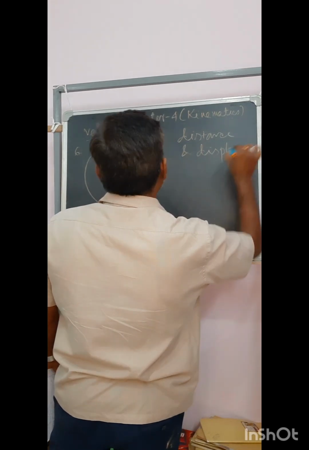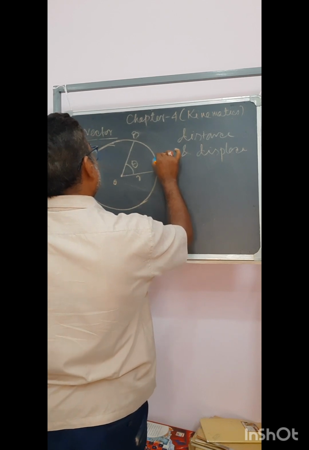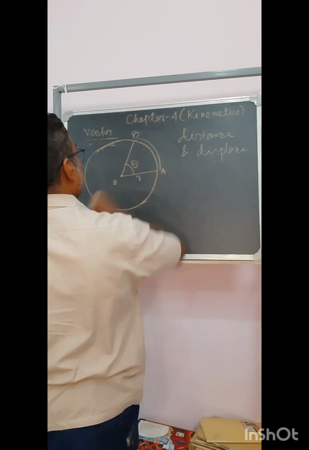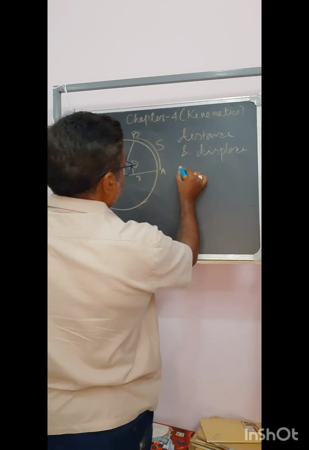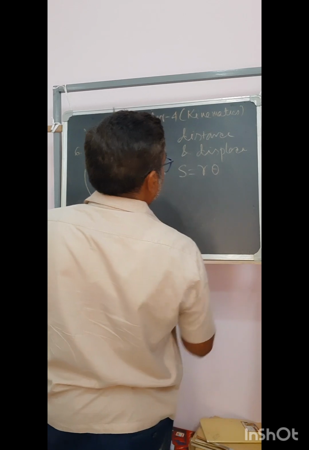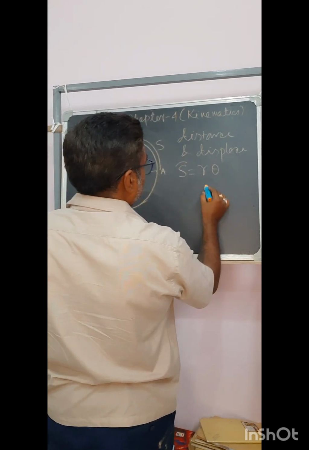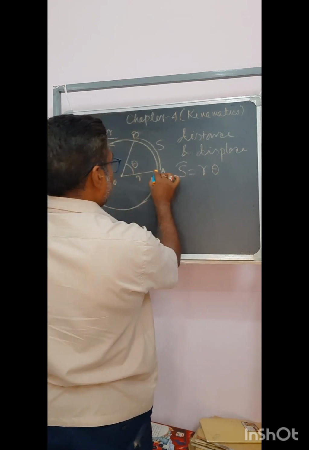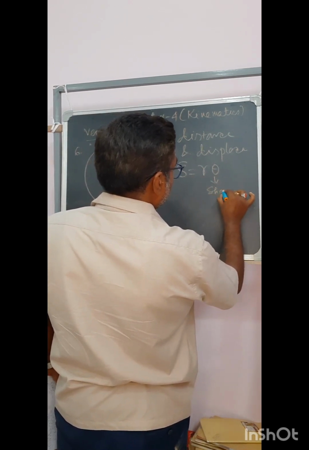So how do you do that? The distance will be the circular path by which it is moving. If I say the arc length is S, from the circle we know S is equal to r theta, where r is the radius. Theta should be in radian.